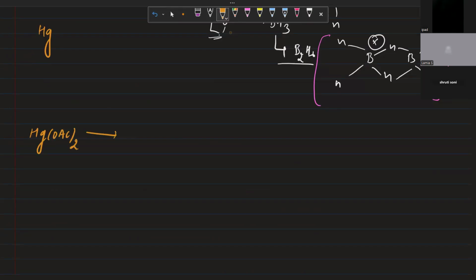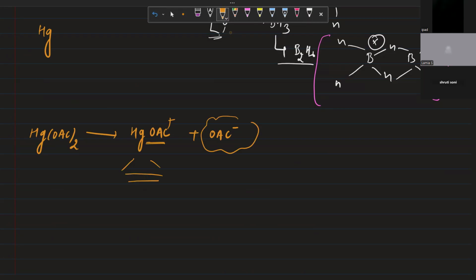So how will the reaction proceed? We have HgOAc+ and OAc-. These two will form, and after that this HgOAc+ will attack and attach on the double bond like this. Do you remember that reaction mechanism?